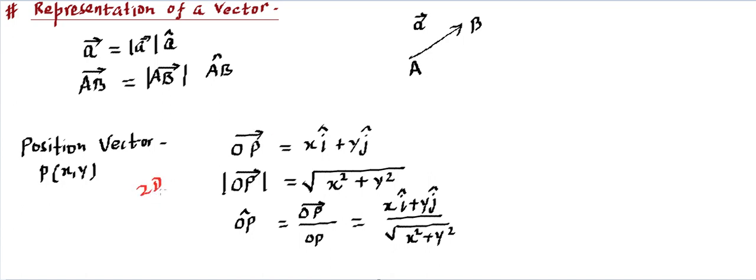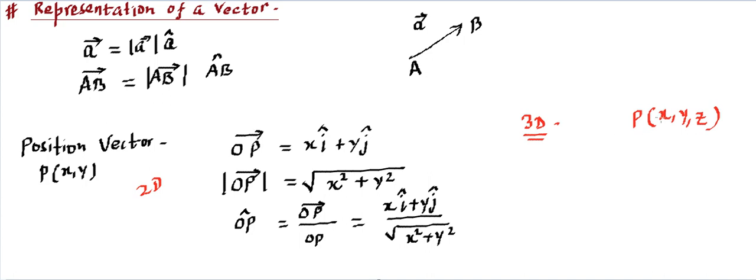Now we can go for 3D as well. Here it will be quite easy to extend it to 3D. Let's say we have a point P which has coordinates x comma y comma z, because we know that in three-dimensional space x, y and z can be taken as the Cartesian coordinates for any point.